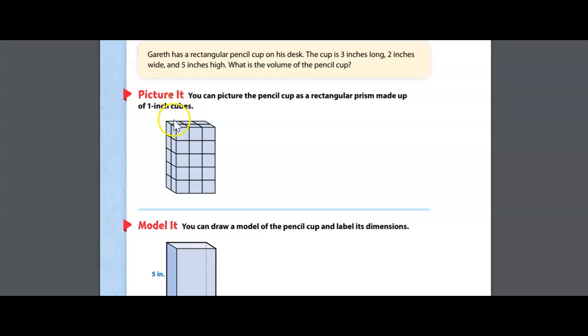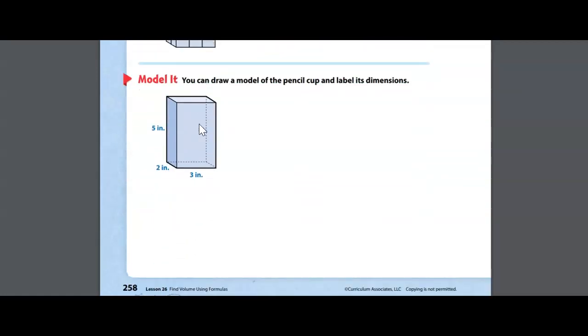I can look at my top layer and I can see that there are 1, 2, 3, 4, 5, 6 cubes in each layer. So I can multiply 5 times 6. Now, if I look at model it, this looks familiar. This is what we just learned. I see my length, I see my width, and I see my height. And I just learned that I can multiply all those together and get my volume.